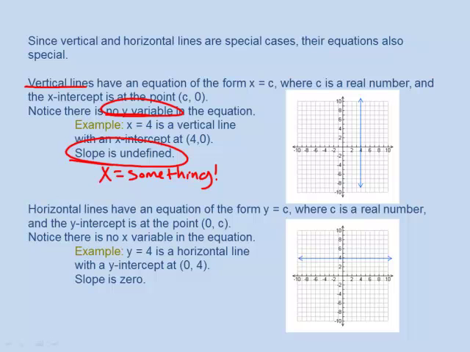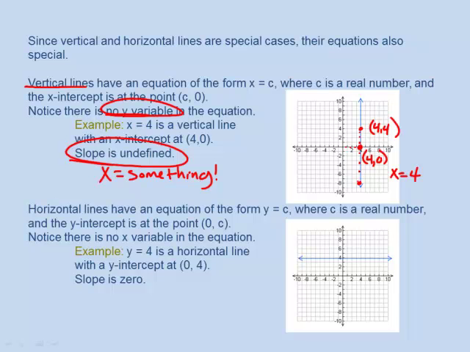So over here, in this example, we have a vertical line. Our slope is undefined. Each and every point on there is going to have an x value of positive 4. You can test that if we look at some of those points. For example, this point here would be 1, 2, 3, 4 to the right, and 1, 2, 3, 4 up, so (4, 4). And the x-intercept would be 4 to the right and 0 up or down.